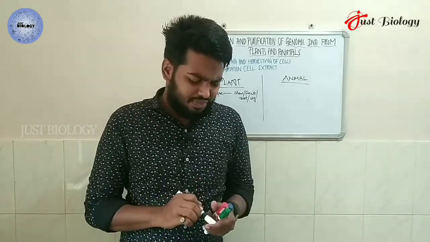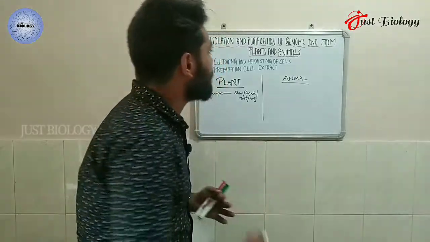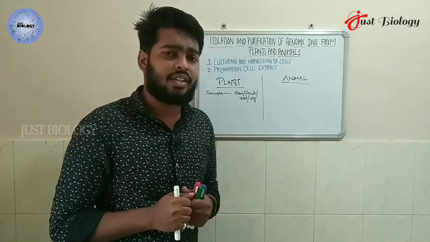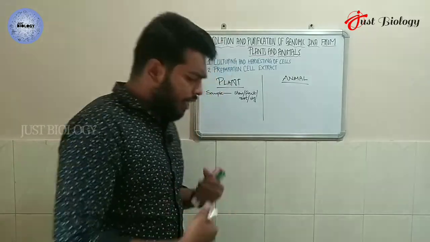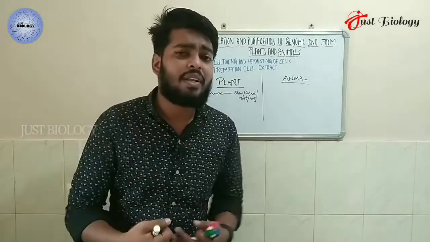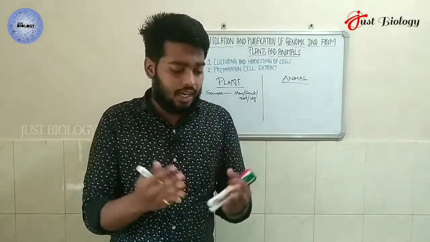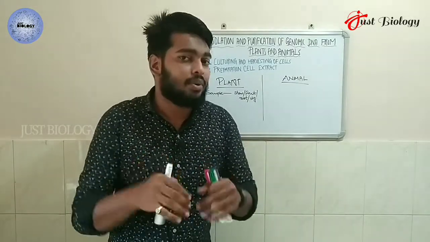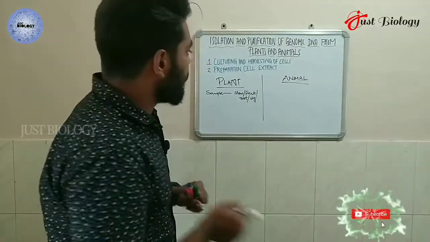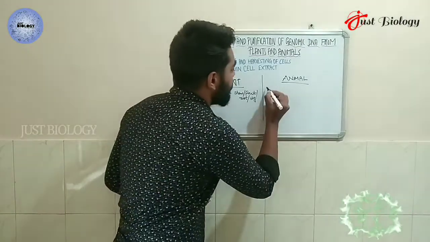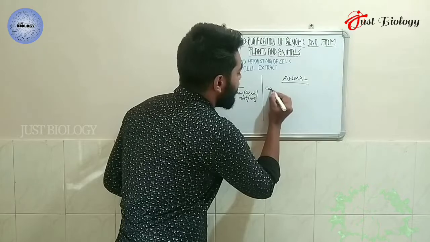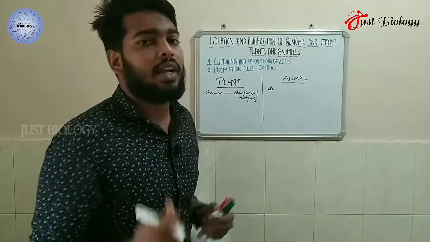However, when we are going to deal with the animal DNA isolation, we have a specific process. We have to give keen attention to this process. I'll tell you. First thing, the sample collection. How can you do the sample collection? The sample collection can be done either using a cell line.